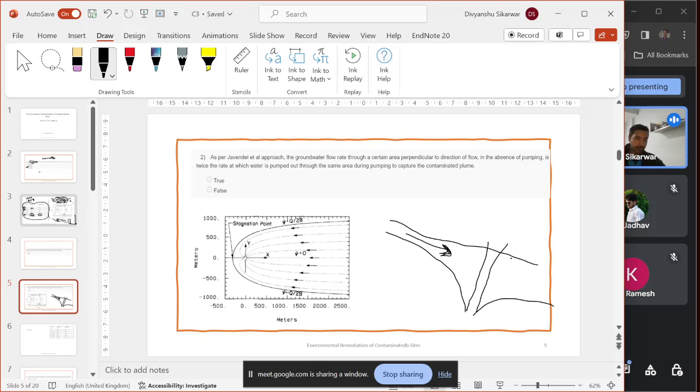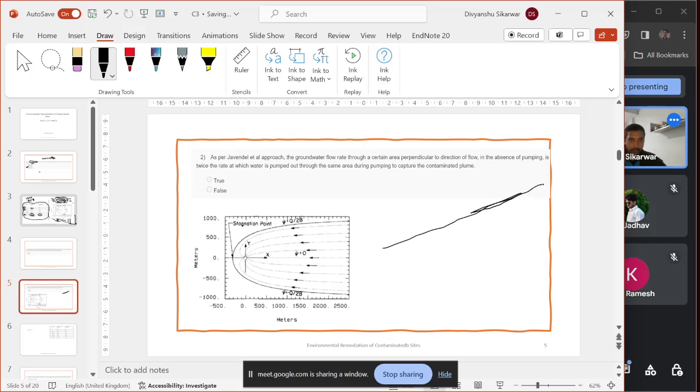If you make the gradient in this fashion, it will match this diagram. This is the ground, and this is the groundwater. This is the direction of flow because of the gradient. And here we have the well.